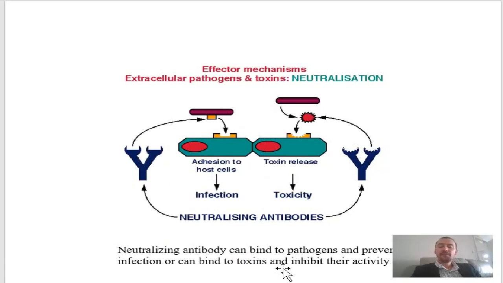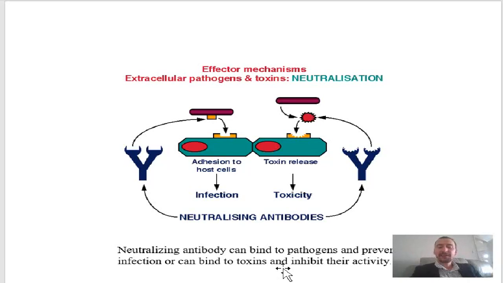Another function of immunoglobulin is neutralization. Pathogens or microbes have the ability to produce very toxic products, and one of the functions of the immune response is to produce immunoglobulins that will bind to these toxic compounds and neutralize them, to prevent them having toxic effects on our bodies.